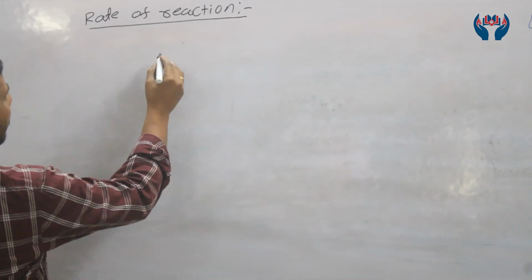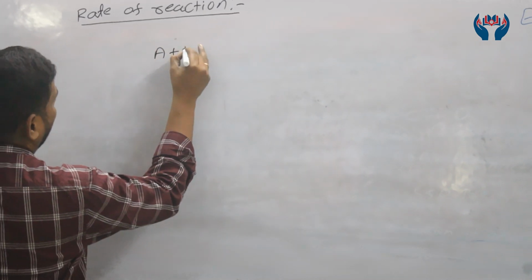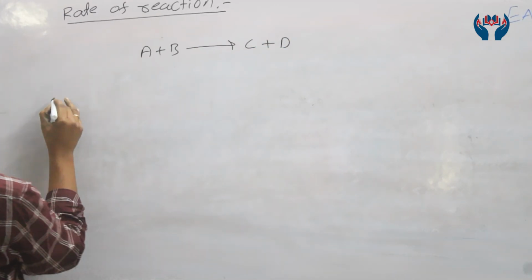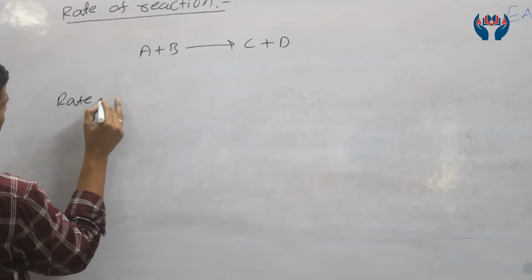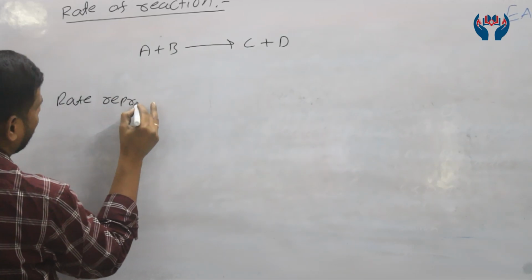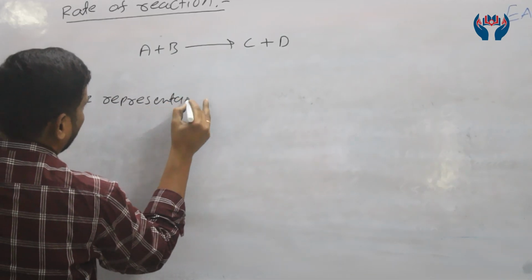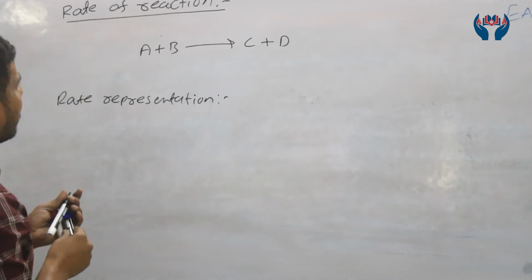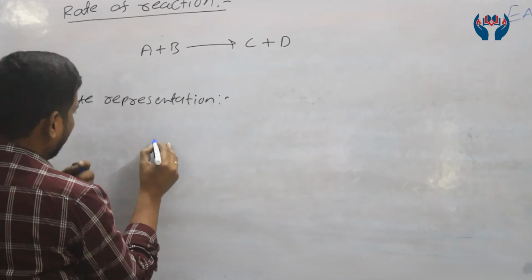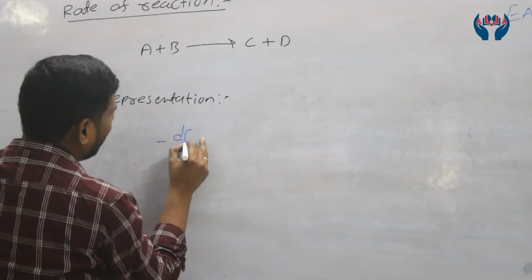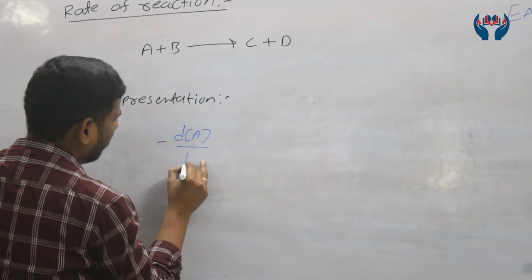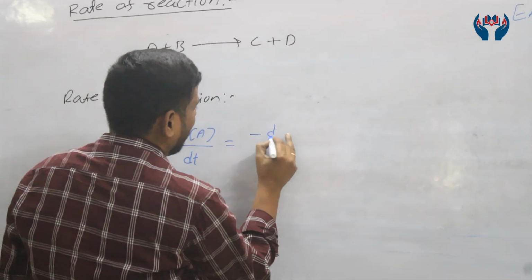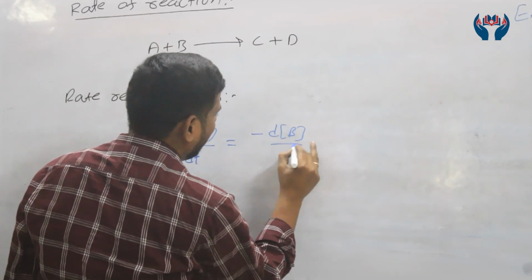Then, for example, given a reaction, the rate representation is equal to the rate representation. The concentration of reactant decreases. That means the negative term: minus dA by dt equals minus dB by dt.